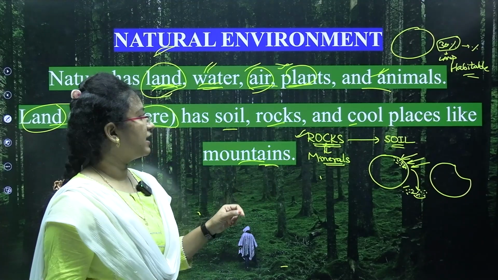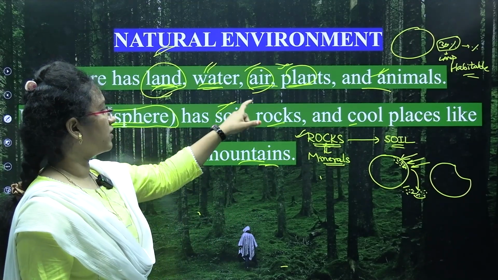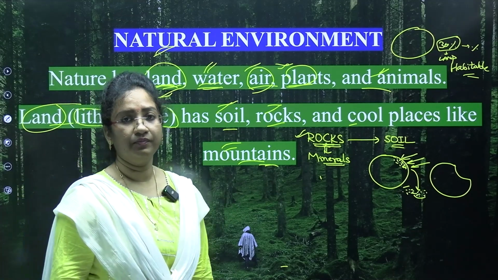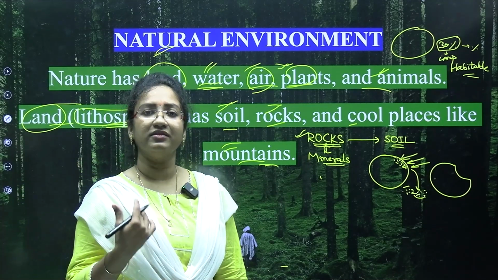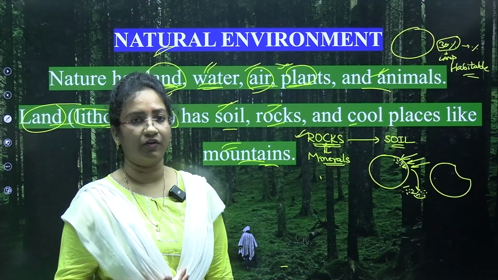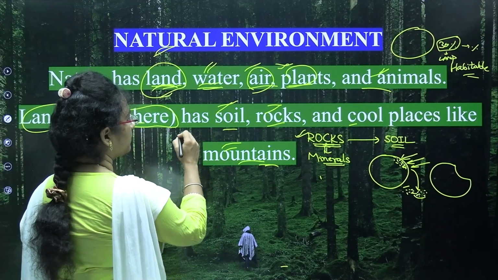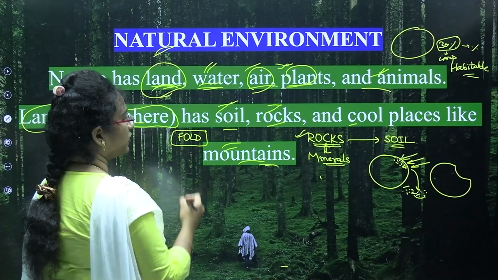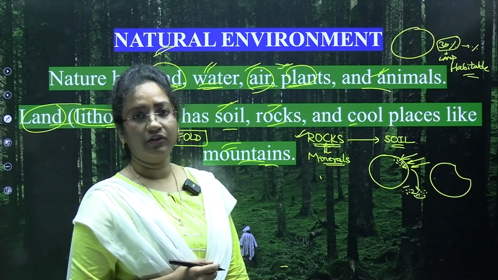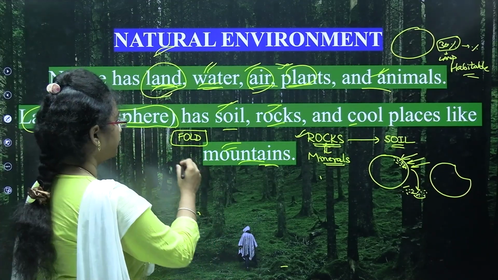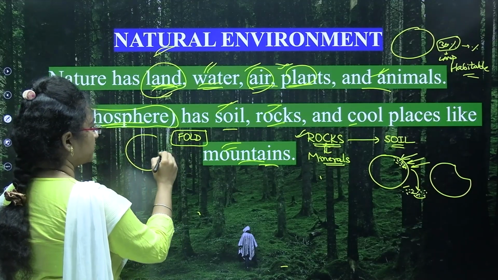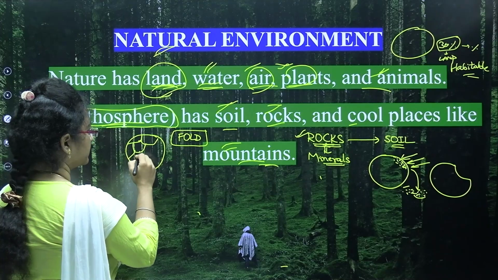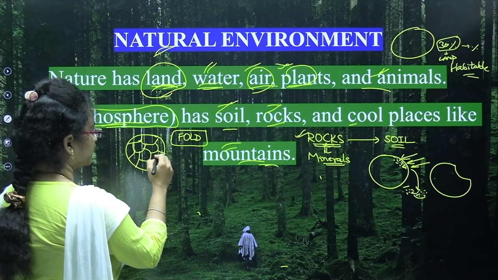Right. So on the land surface, we have soil, we have rocks, and also we have mountains. There are different ways in which mountains are formed. So for example, if we consider the example of fold mountains. So how are fold mountains formed? We have tectonic plates. So what are those tectonic plates? Consider this as the entire surface of the earth. This entire surface of the earth is divided into different plates.